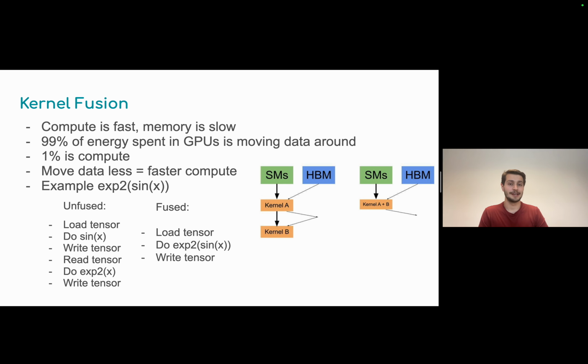In fact, data movement in GPUs is usually like 99% of the energy spent and the time spent. Very small amounts of time and energy are spent on actual compute. So instead of doing all this round tripping, we can just merge exp and sine into the same kernel, load the data in once, and then write the data back out once we're done, and we have our final results.